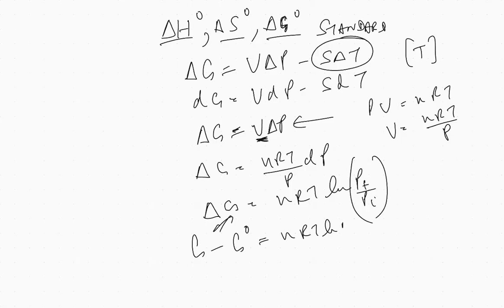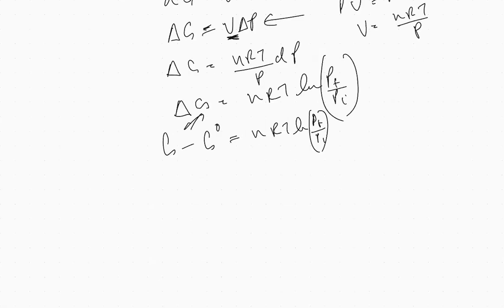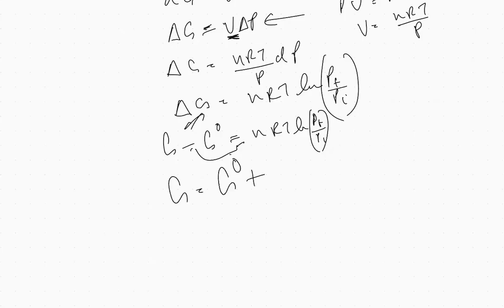If I take the negative G standard to the other side, I get G equals G standard plus nRT ln of PF over PI.